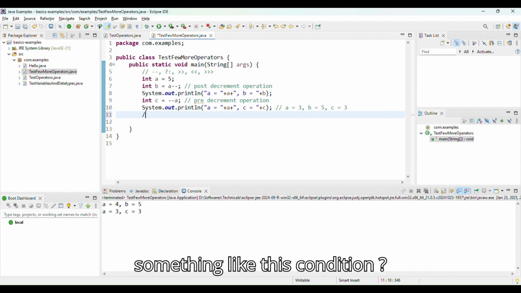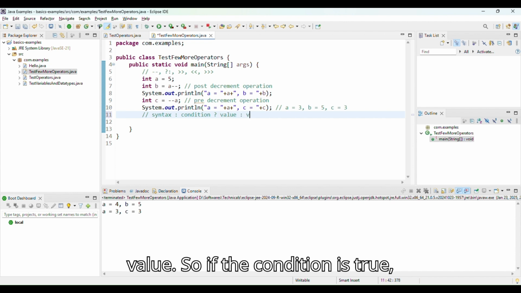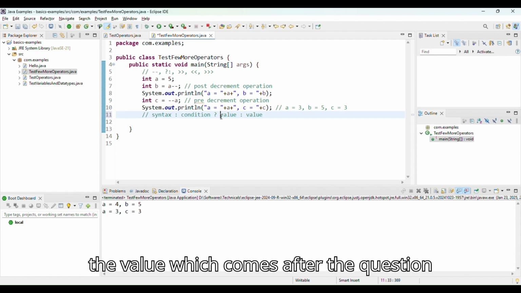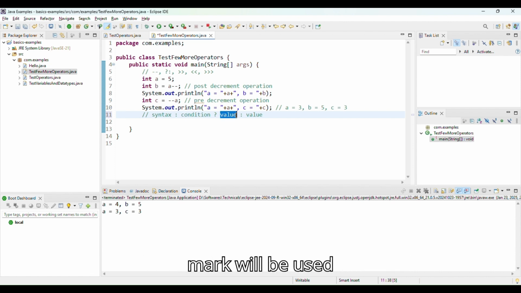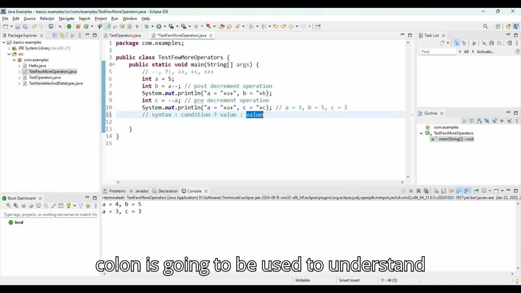The syntax is something like this: condition, question mark, value, colon, value. If the condition is true, the value which comes after the question mark will be used. Else, the value which comes after the colon is going to be used.